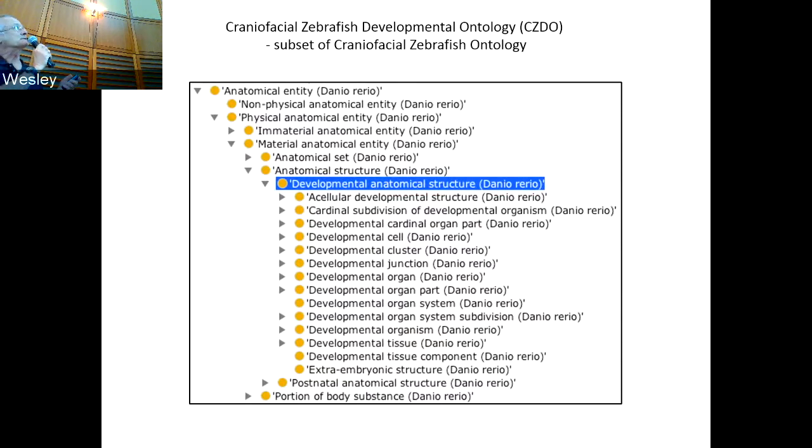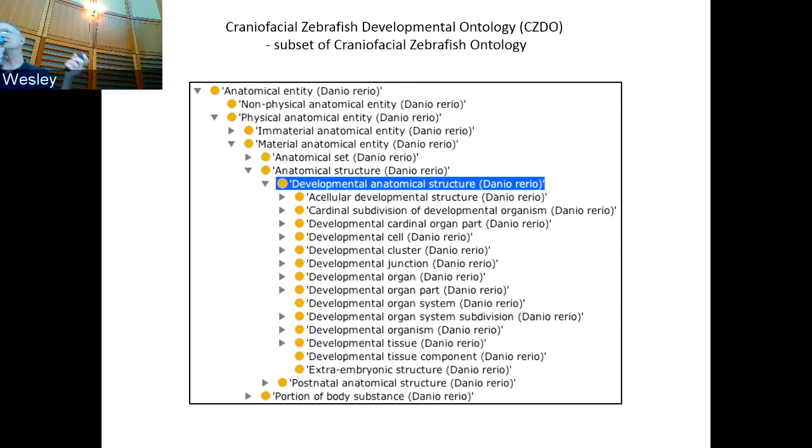So, for example, in the zebrafish, this comes from basically our FMA. We have a top-level anatomical entity. We then added the idea of a developmental anatomical structure for the zebrafish, which we do for the mouse and the human too, as opposed to a postnatal anatomical structure.